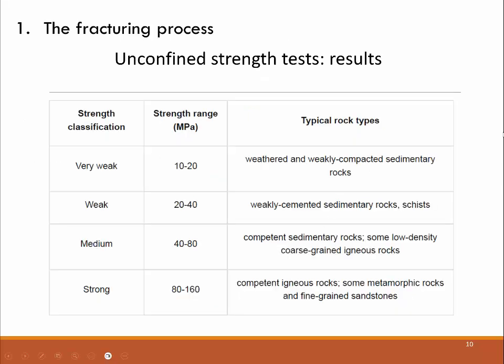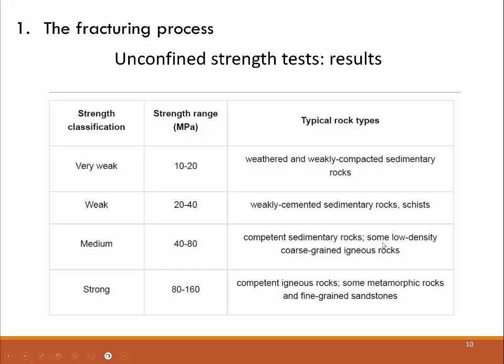We see here on this table examples for weaker or stronger rocks. A very weak soft rock will have a shear strength of perhaps 10 or 20 megapascals. These are often weathered or soft sedimentary rocks. Other rocks like schists or better cemented sedimentary rocks are a little bit harder.